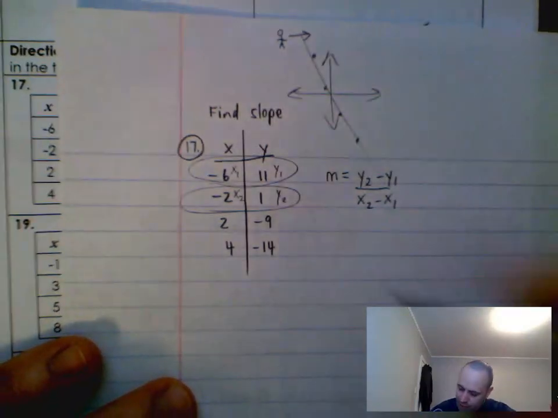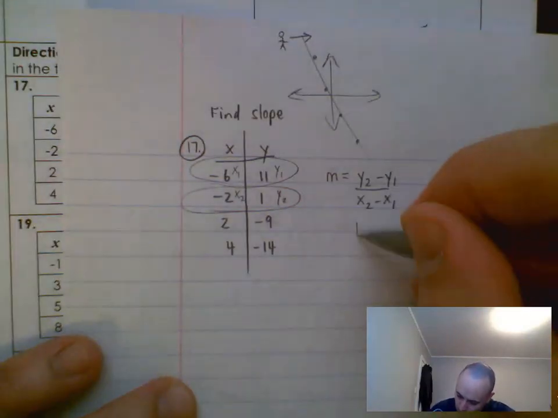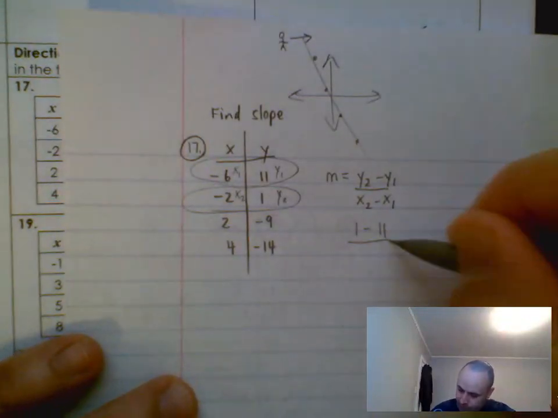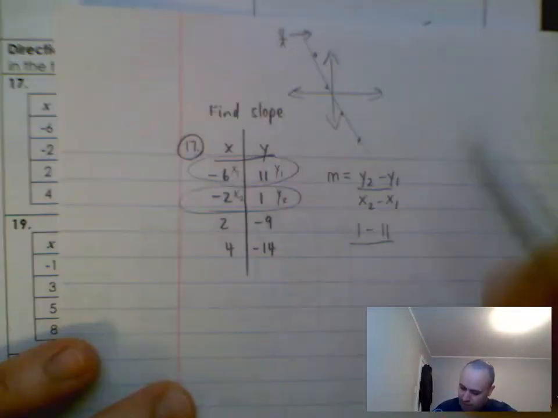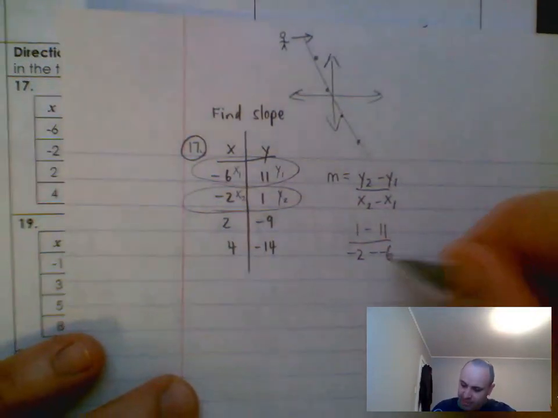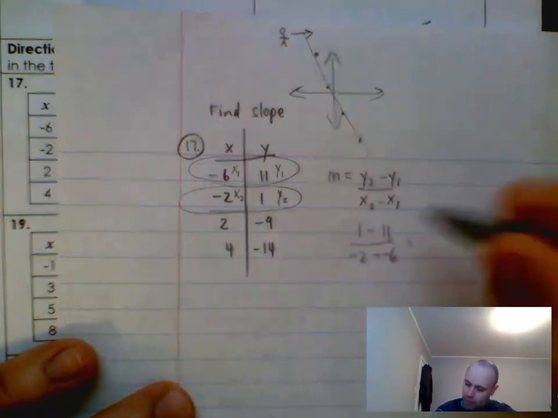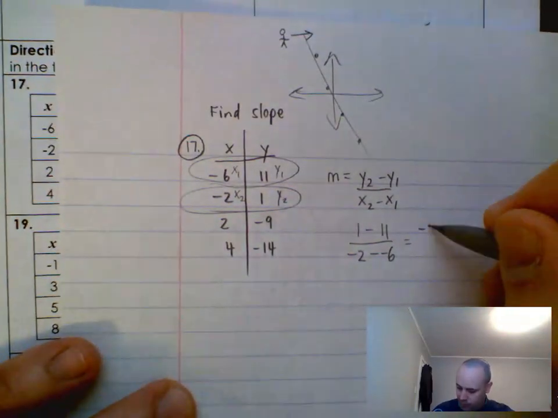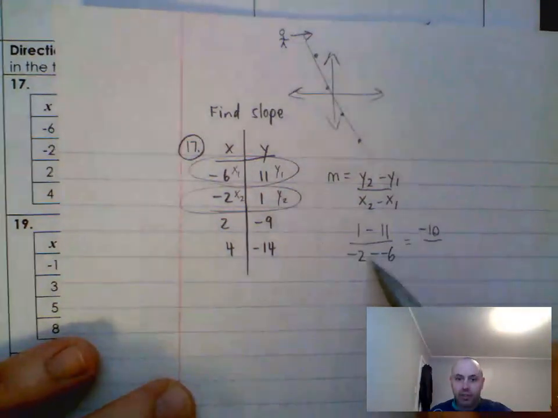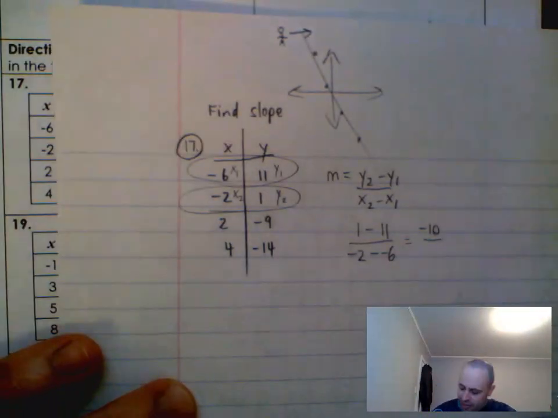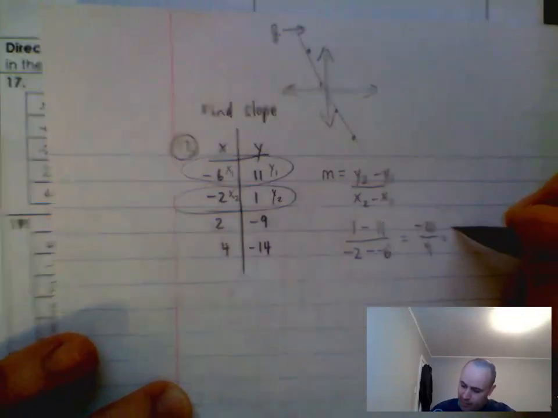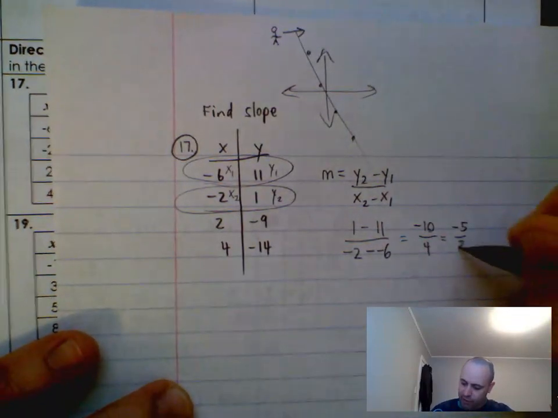When I plug these in, y2 is going to be 1 minus 11, and x2 is going to be -2 minus a -6. On the top, we get -10. On the bottom, this turns into negative 2 plus 6, so that's going to be 4. And then when we reduce that, it'd be negative 5 over 2.